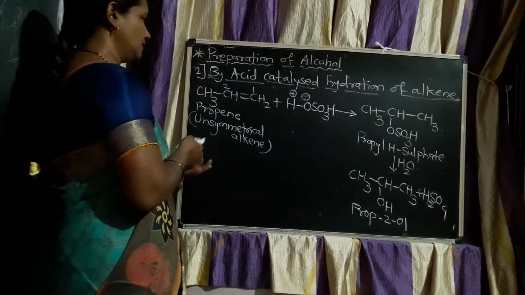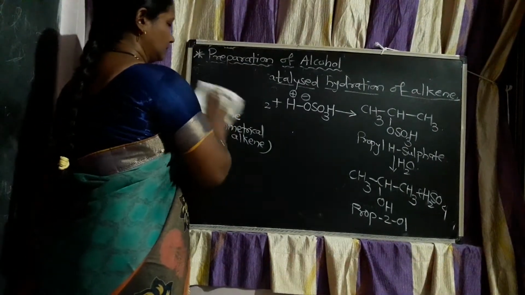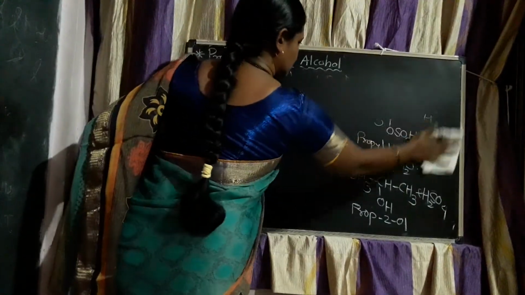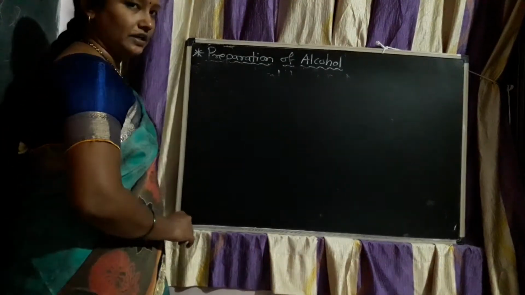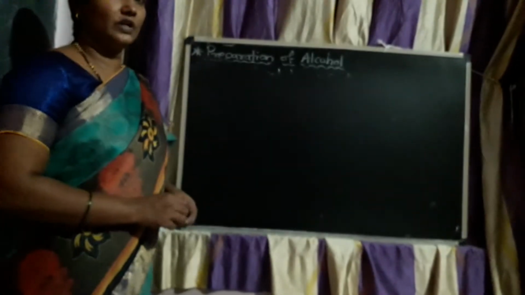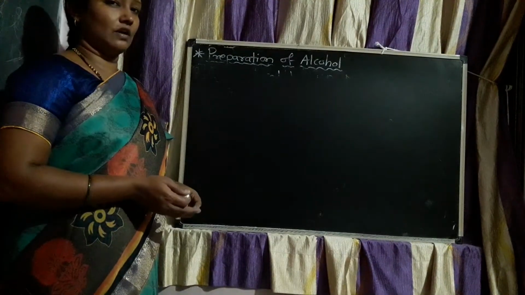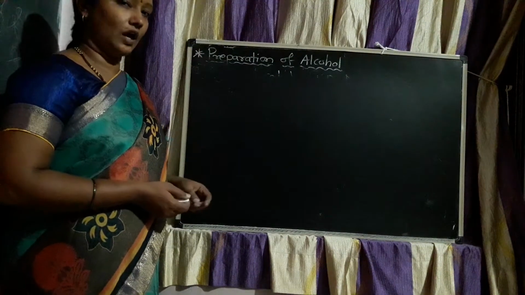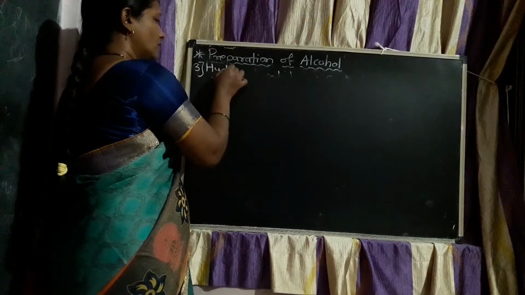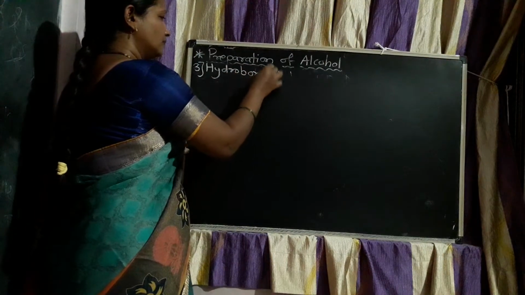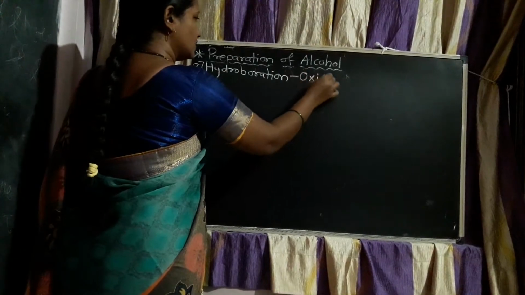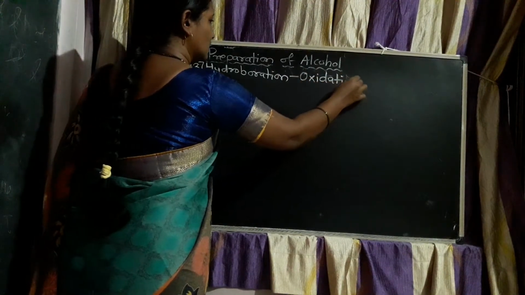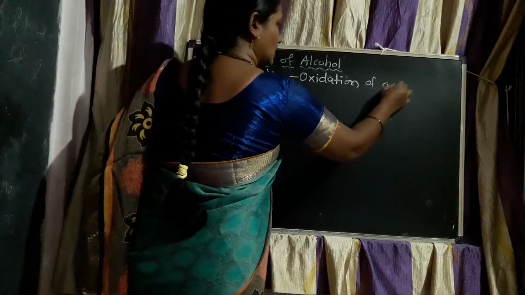Now the third preparation, that is hydroboration, further oxidation of alkene, to form the alcohol.